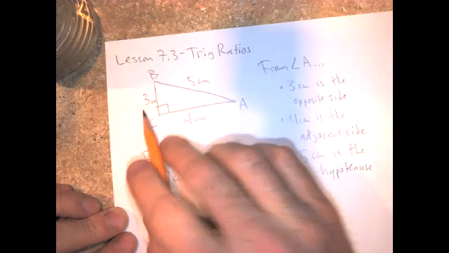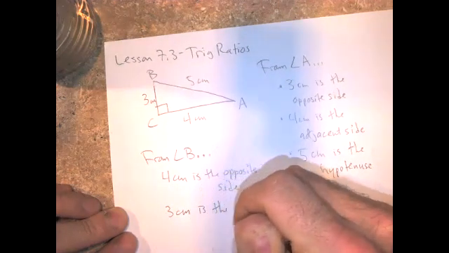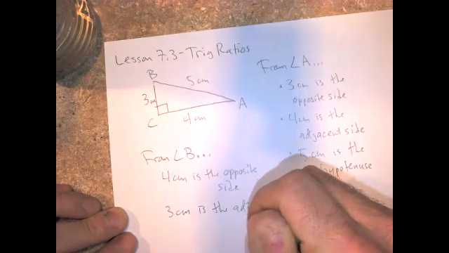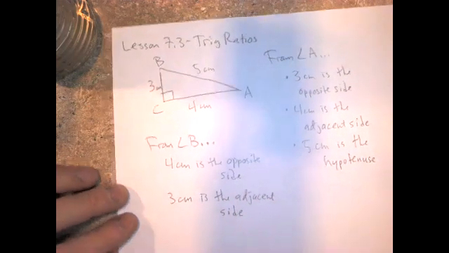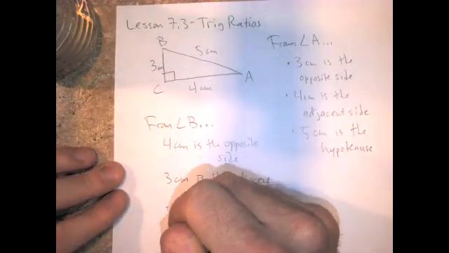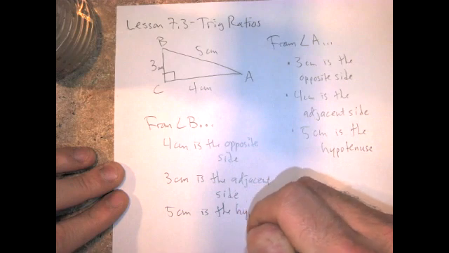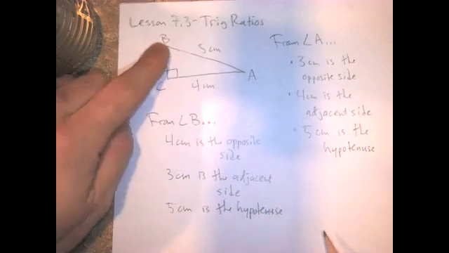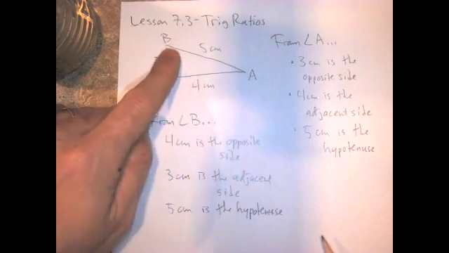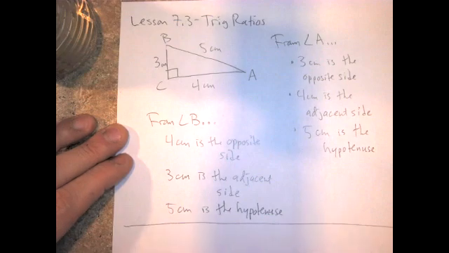We say 3 actually is the adjacent side. Adjacent means next to. And then 5 is still the hypotenuse. So from angle B, this is opposite, this is adjacent, this is the hypotenuse. It's just relative to what angle you're looking at.